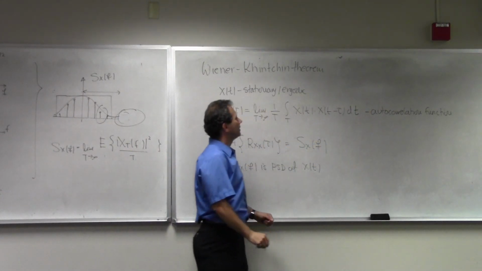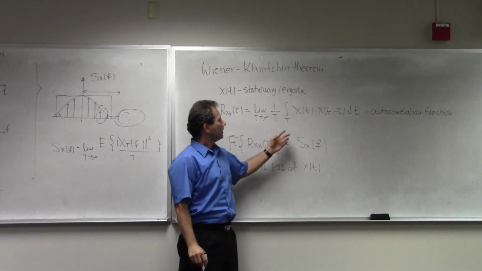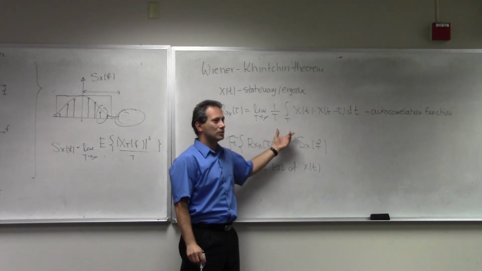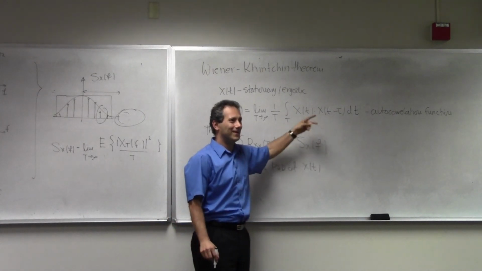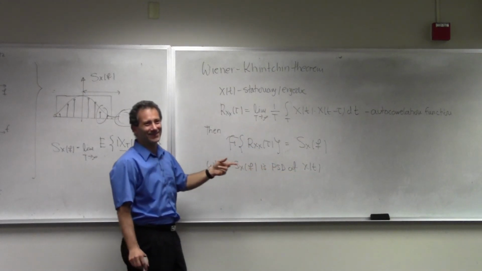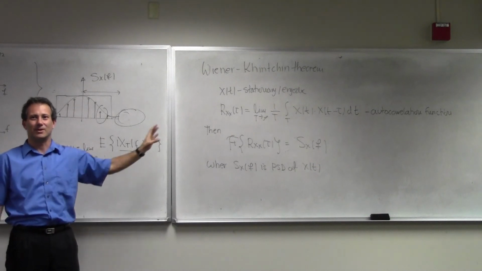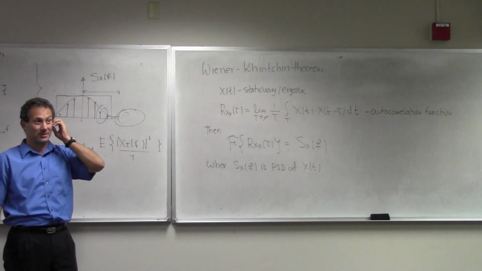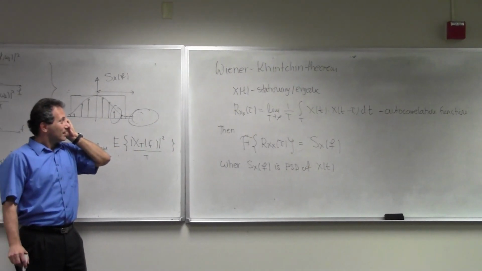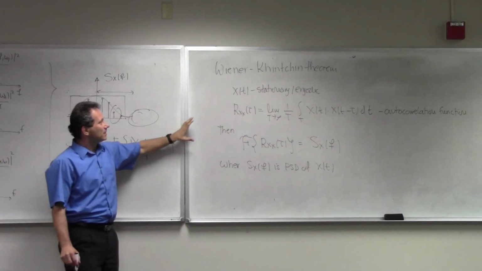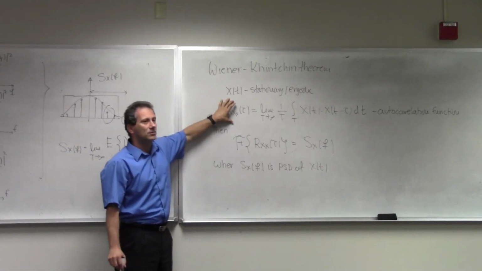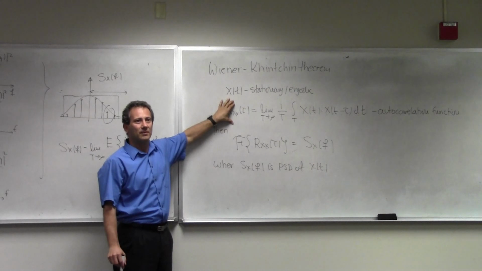Now, autocorrelation function and convolution are just one letter apart, so always pay attention to what I'm saying and what I'm writing, because they are not always the same. But here's the big thing: the autocorrelation function we can determine relatively easily.